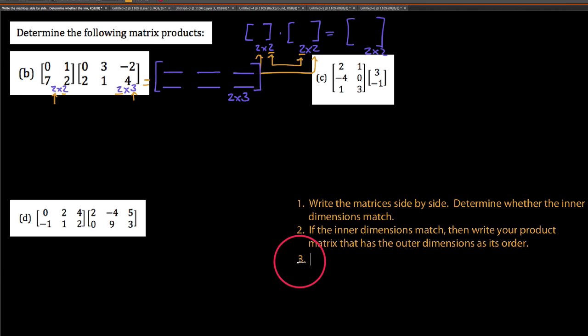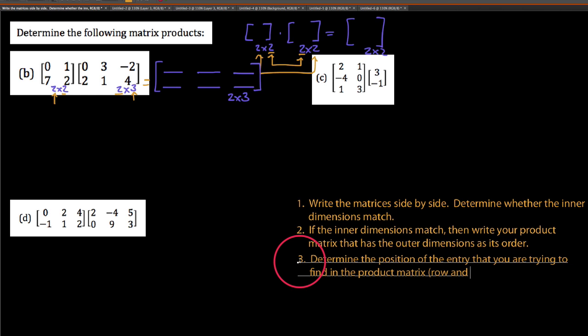Perfect. We are going to determine the position of the entry that you are trying to find in the product matrix. So what we're asking for is really the row and column.